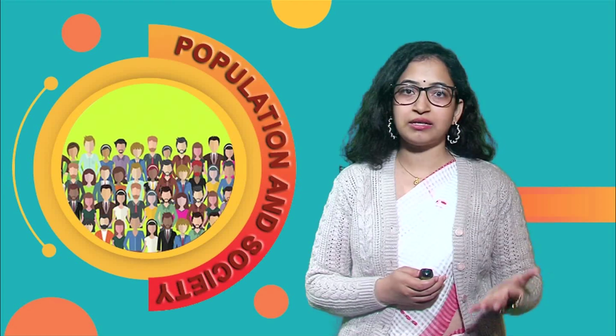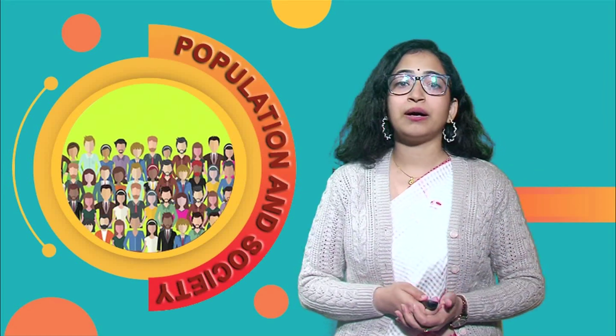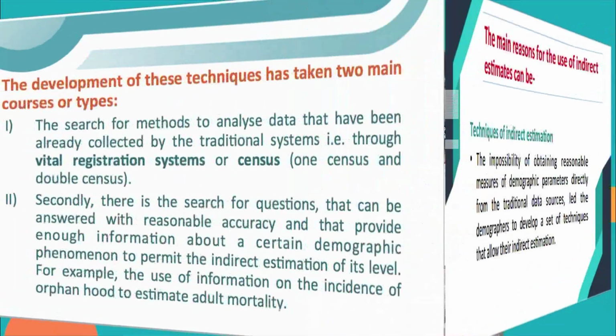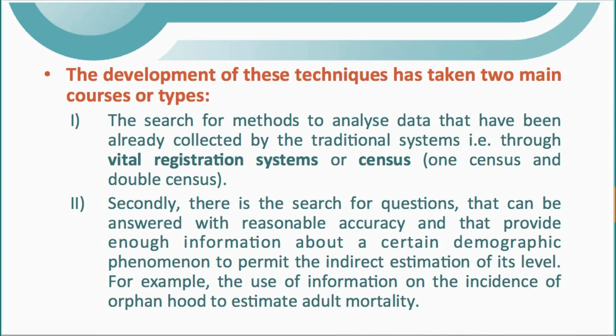So after understanding what I have discussed in the first two sections, we now come to the techniques of indirect estimation. As discussed earlier, the impossibility of obtaining some regional measures of demographic parameters directly from the traditional data sources like census led the demographers to develop a set of techniques that allow their indirect estimation. The development of these techniques has taken two main courses or types.